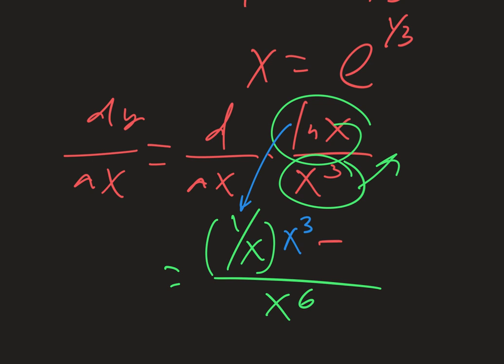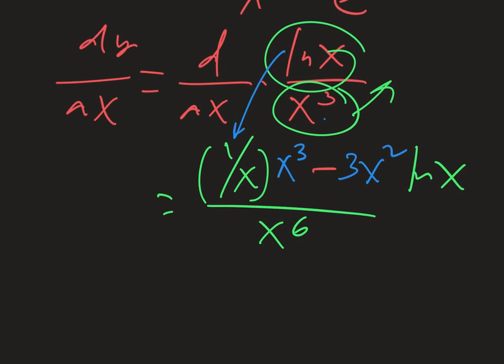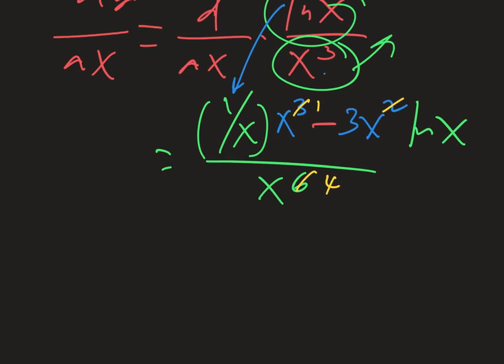Now you differentiate your bottom, 3x squared, times the top, ln x. You realize that between the bottom and the top, there are a lot of things you can cancel. The x cancels with this x, because it's 1 over x.